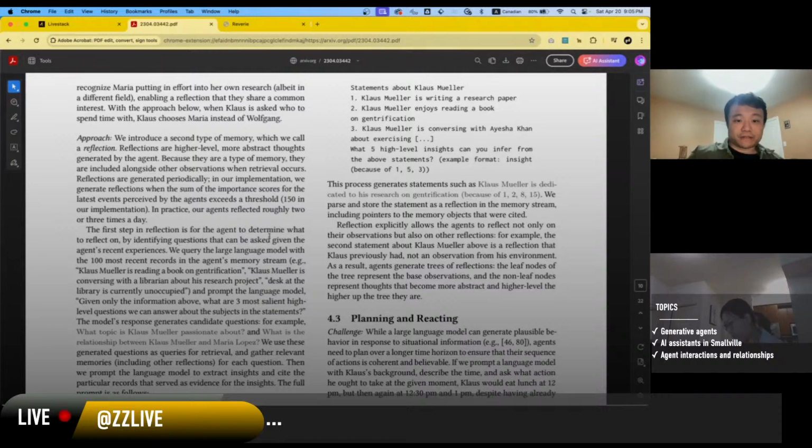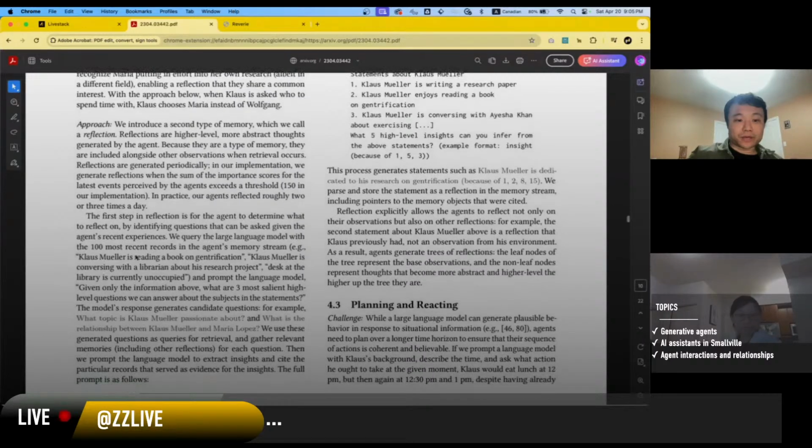The first step in reflection is for the agent to determine what to reflect on by identifying questions that can be asked given the agent's recent experiences. We query the large language model with the 100 most recent records in the agent's memory stream. Klaus Muller is reading a book on gentrification.